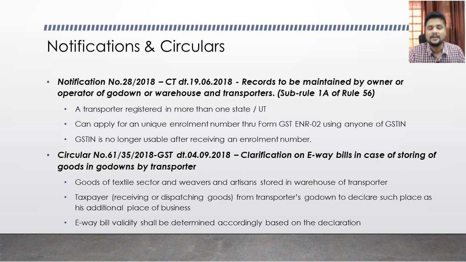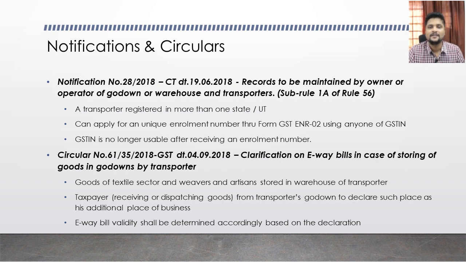Consider a transporter registered in more than one state or union territory. If he is a transporter and he has registration in more than one state or union territory, then he can apply for a unique enrollment number, a separate number provided by the Act. It is called the enrollment number.